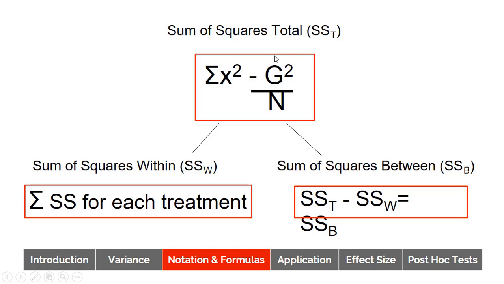And then we minus what's on this side, the grand total of the scores squared divided by N. So that's what we're going to do. So we do this first, and then we do this next piece, and then we subtract. So that's the last thing we're going to do, is the subtraction. And this is going to help us find the sums of squares within and the sums of squares between.